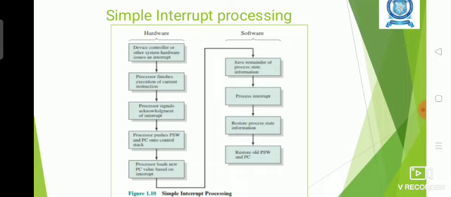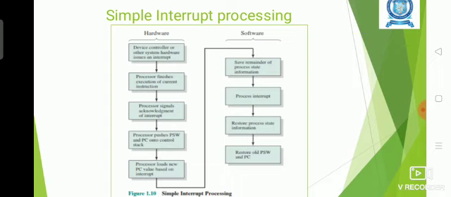No need to start the execution from the starting stage. It is enough to continue the remaining execution. For that, whenever the user program or the old program is interrupted, the current details of the execution or the intermediate results will be stored into the PSW, and the current PC value will be stored into the stack memory. And after that, all the registers present in the processor will now be used for the interrupt execution.